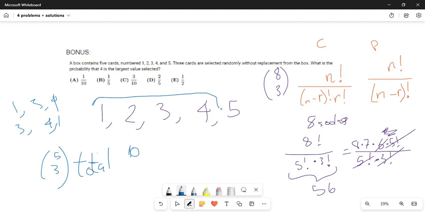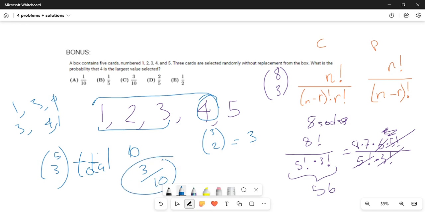So out of these 4, with 4 being the largest value selected, you have to pick 2 more, because you already picked 1. You can't pick a 4 or a 5, so you have to choose 2 numbers out of 3. So 3 choose 2 is 3, and the total is 10. You get 3/10 as your final answer, which is C.